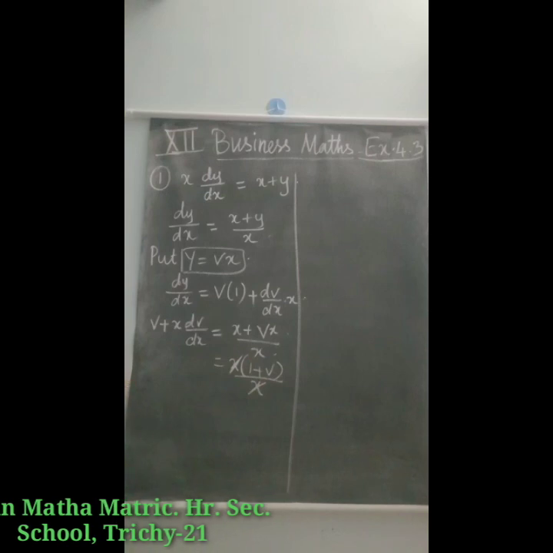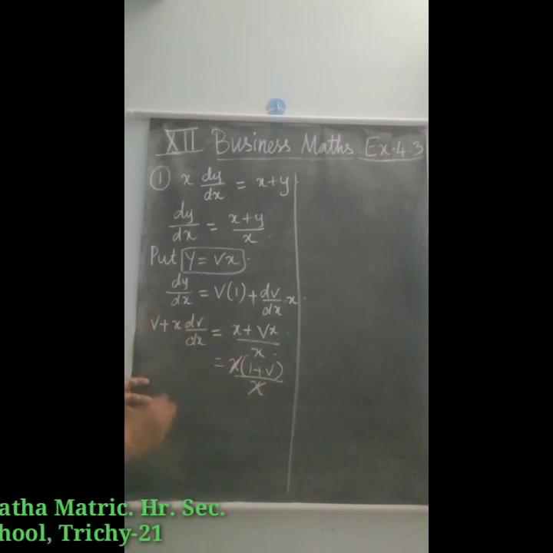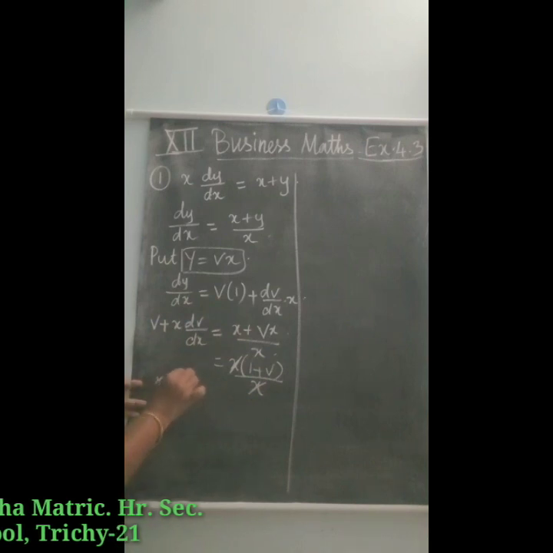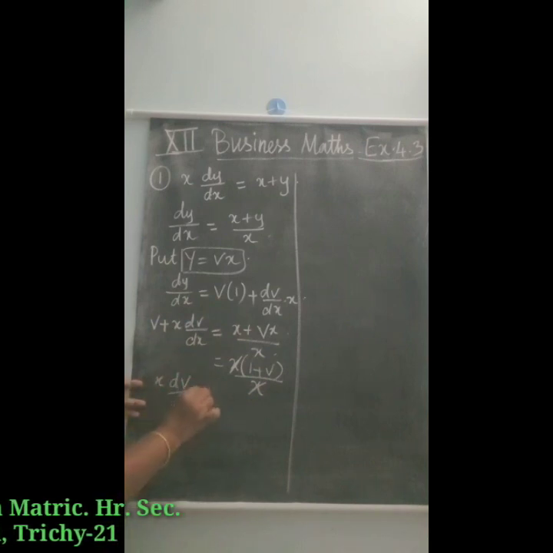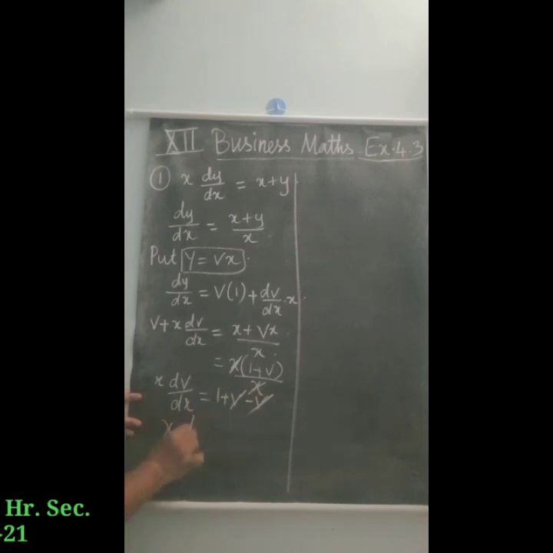And then we have to move v to that side, we will get x into dv by dx is equal to 1 plus v minus v. So, plus v and minus v cancel.